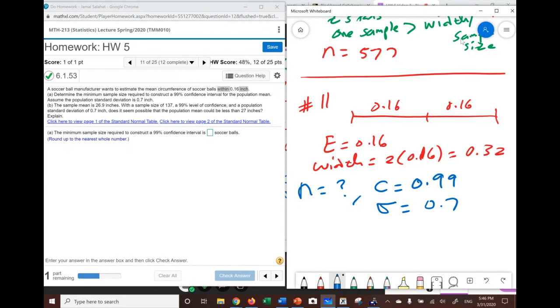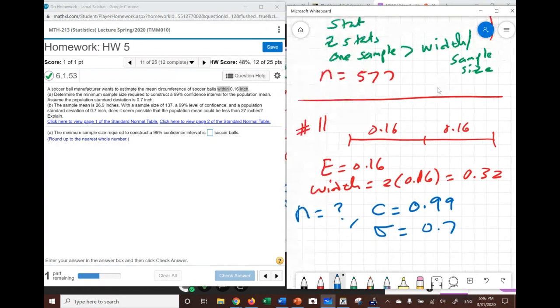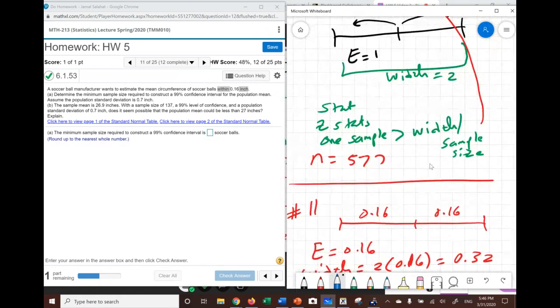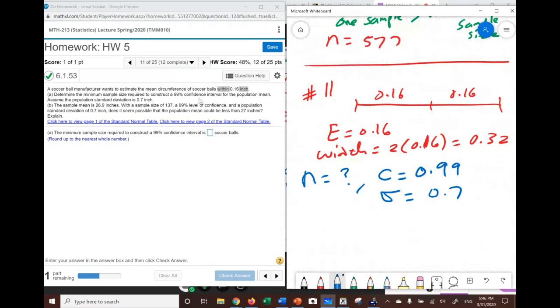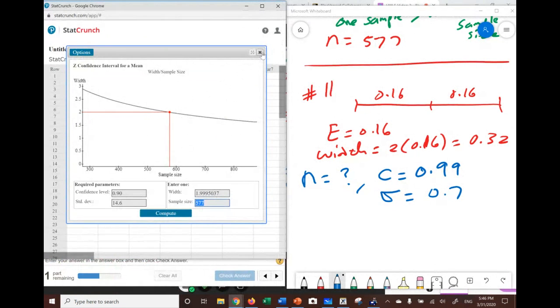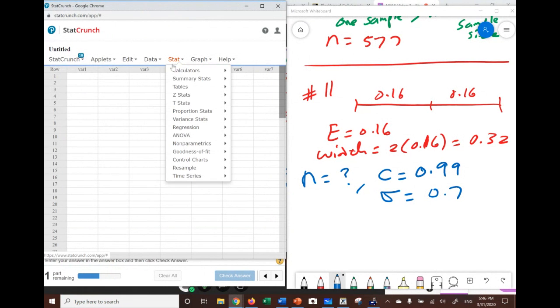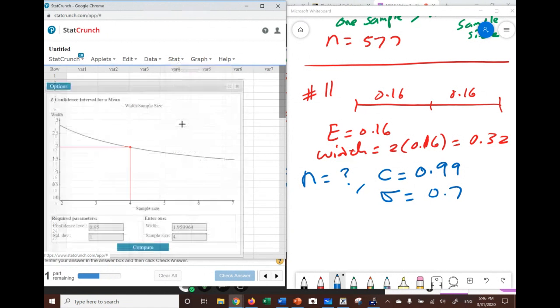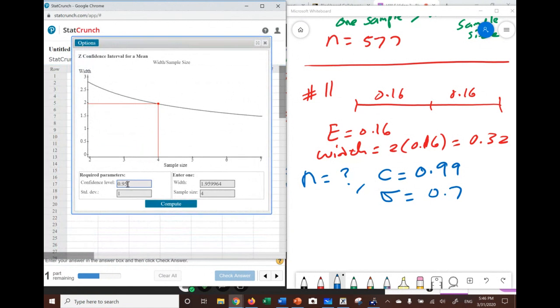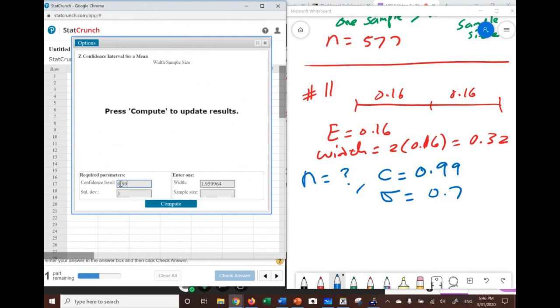So in this case, we repeat the steps we did in the previous example. Anytime they ask us to find n, we're going to go to StatCrunch. By the way, the window is in here, but let me just repeat the steps. You're going to go to stat, zstat, one sample, and go down to width. They want 99%, so you make this 99%, and you need sigma to be 0.7 because they told us to do so.